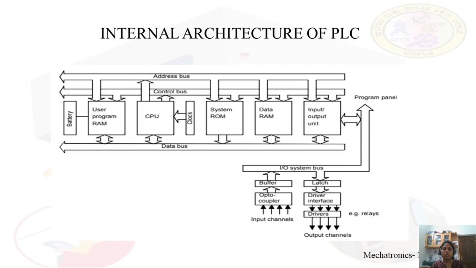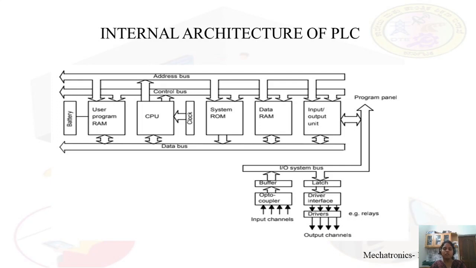Each input and output module is associated with a single bit of the input image file and output image file. Then the CPU fetches the input variable from the input image file, and depending on the program and status of the input, the output image file is filled by the CPU.